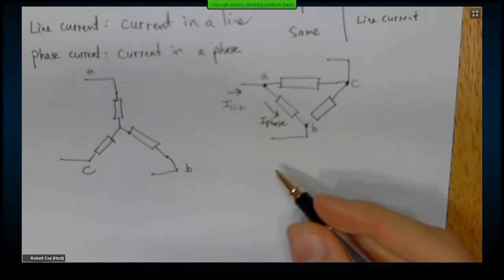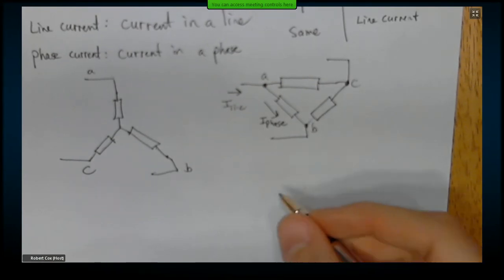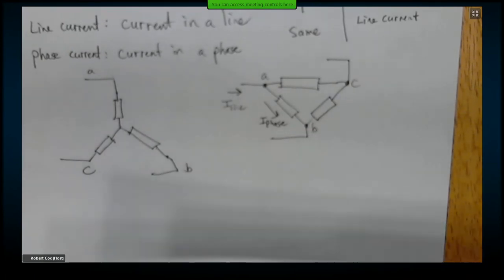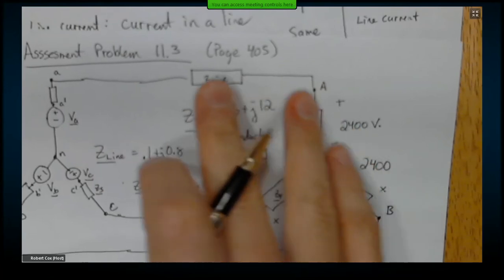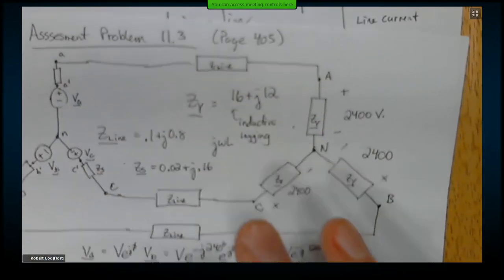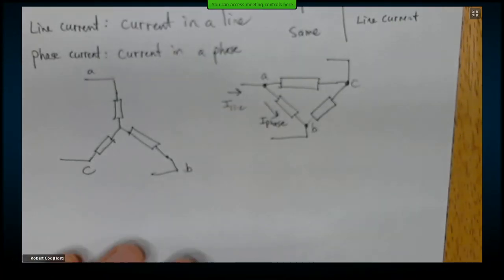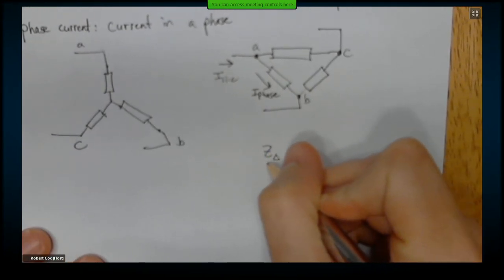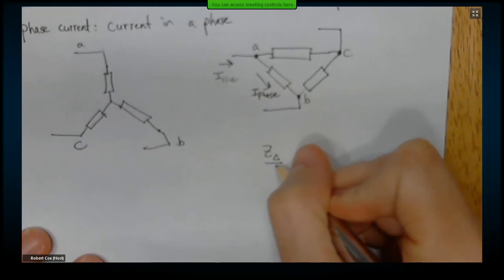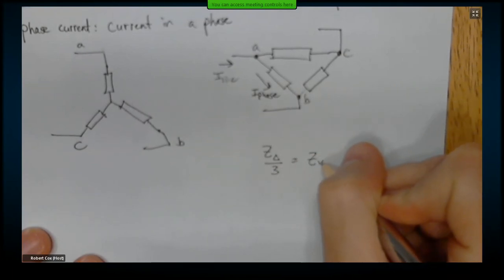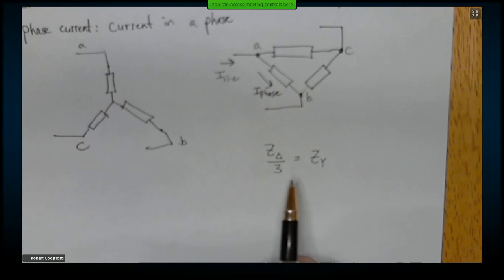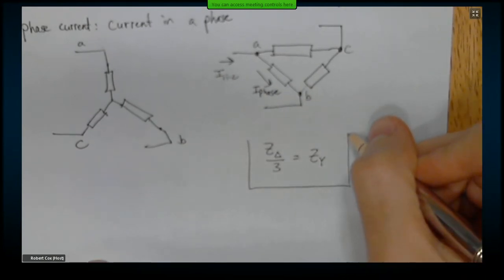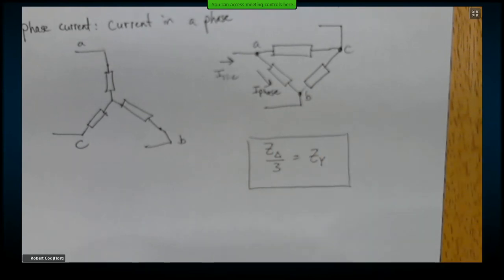If I want to take the complicated circuit and get it to a single phase equivalent, and I have a delta setup, I usually want to do my delta to Y conversion, where the equivalent Y impedance is the delta impedance divided by 3. That's if it's balanced, which is usually what we want.